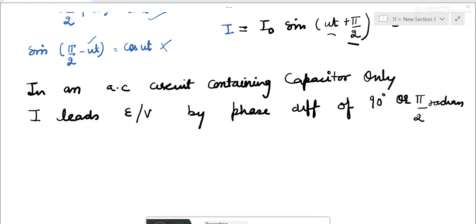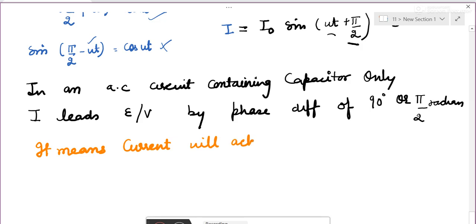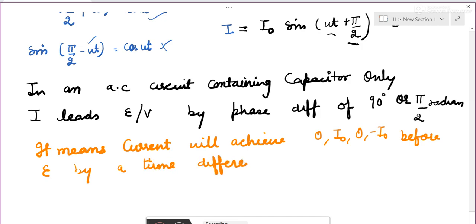You can write in terms of time also. It means the current will achieve zero, positive value, then zero, then negative value before voltage by a time difference of T by 4, right?